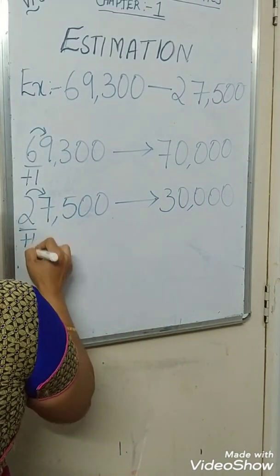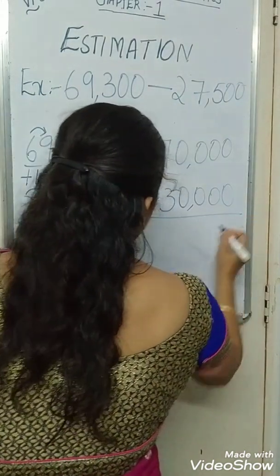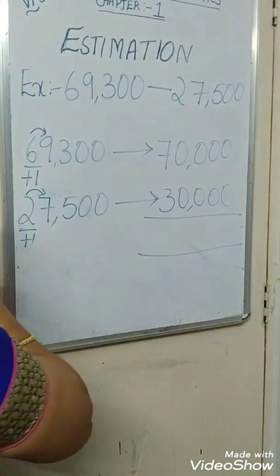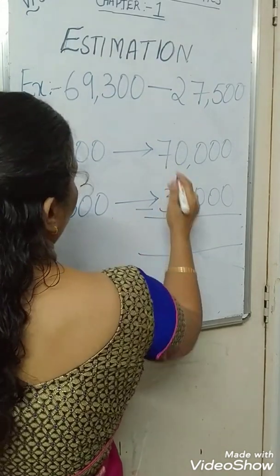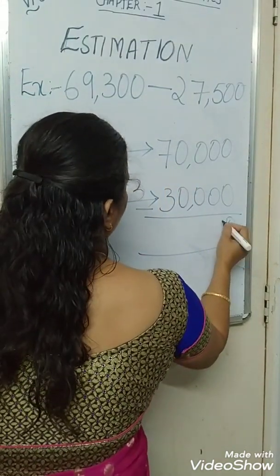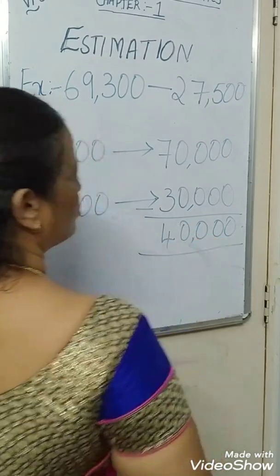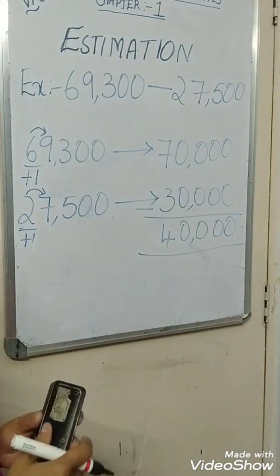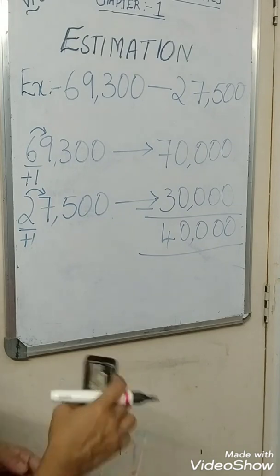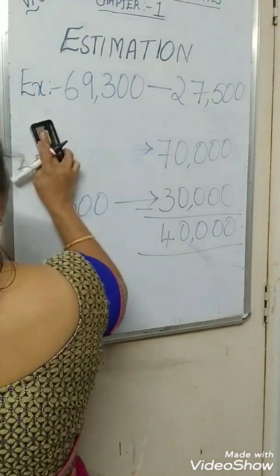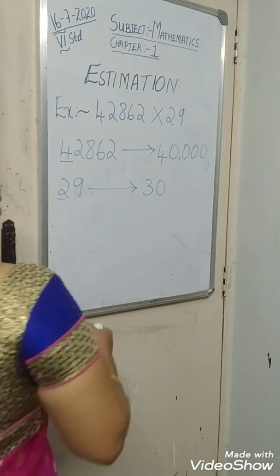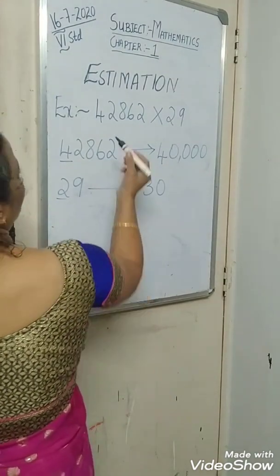Now, since we have estimated, let us find the difference of this. 70,000 minus 30,000 is 40,000. So, the estimated difference is 40,000. Now, let us see an example of multiplication.